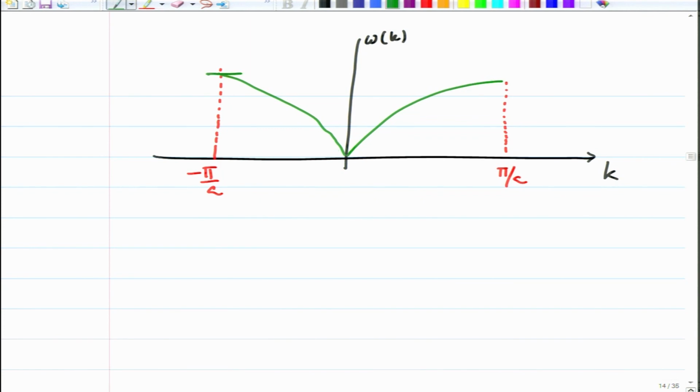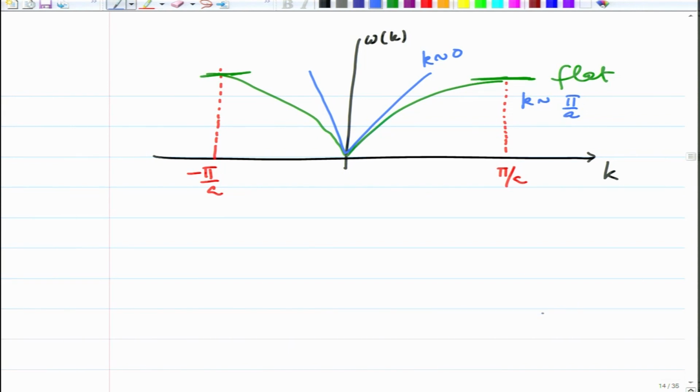It becomes flat at the Brillouin zone edge, and it is linear near k equals 0. This is the solution near k equals 0, and this is k around pi by a. The omega curve becomes flat there, because omega is maximum at that point.